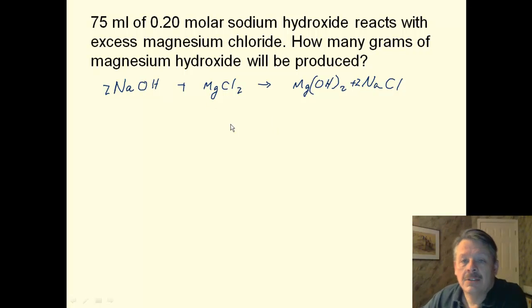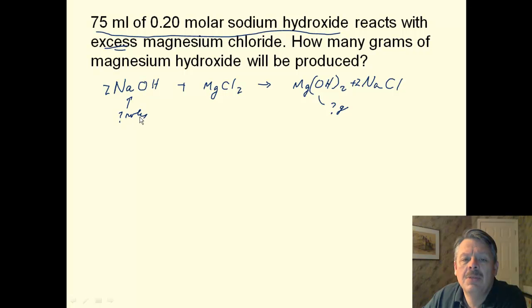And it says how many grams of magnesium hydroxide will be produced. So I want this in grams. Now my problem is I have 75 milliliters of a 0.2 molar solution of sodium hydroxide. Now I know I've got more magnesium chloride than I need, so I don't have to worry about that because it says I'm in excess. So I have to figure out how many moles of this I have.